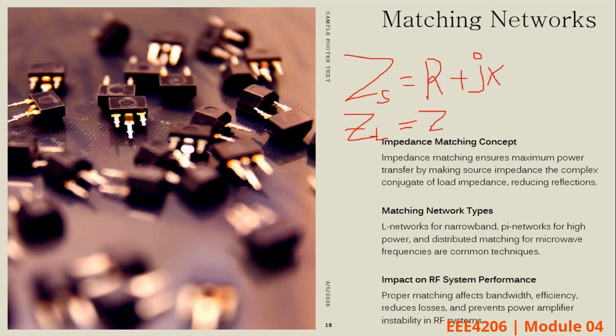And this is how they write it, S star. Okay. And once you have that, you take the conjugate of the other one and it becomes this one. This is how you do your matching.